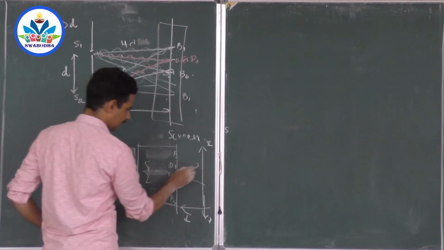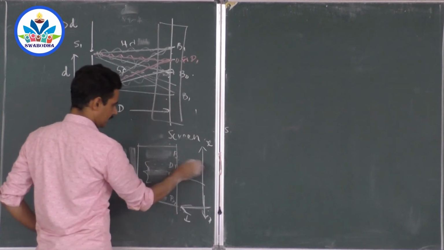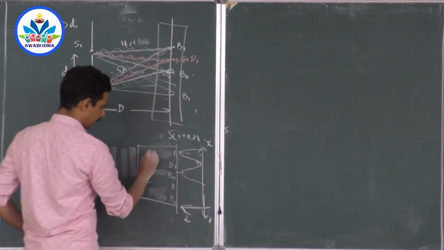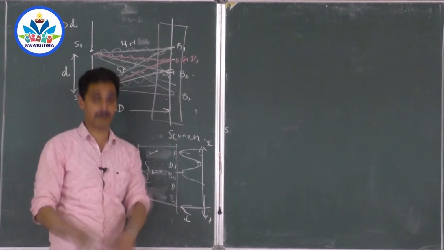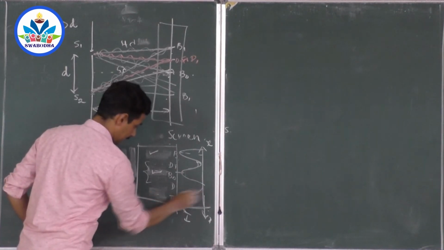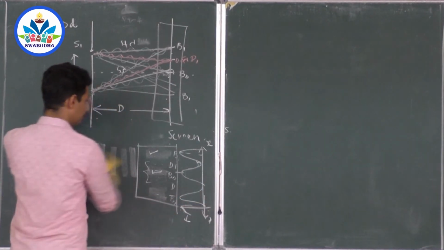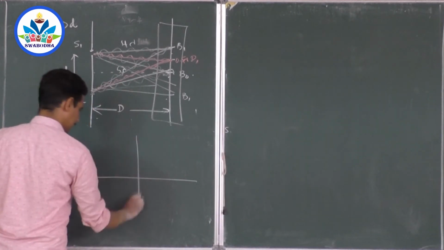By the time you reach here, intensity is 0, and by the time you reach here, again intensity is maximum. The brightness of this and this are the same, because they are the places where amplitudes add up, A plus B everywhere. So a graph of intensity versus distance will be like this.